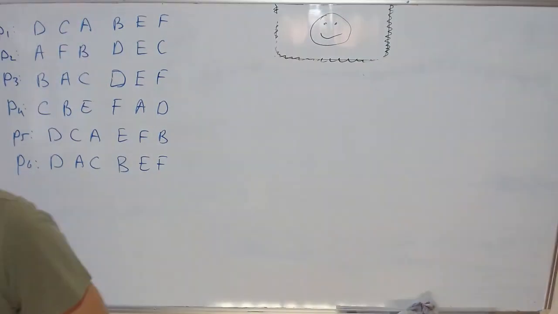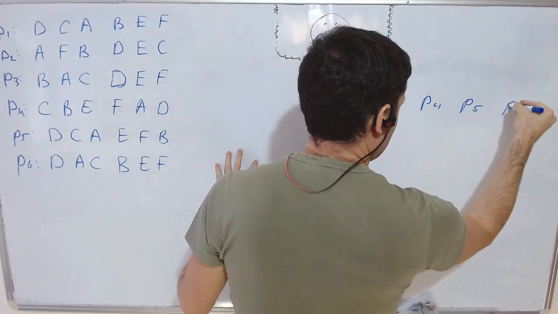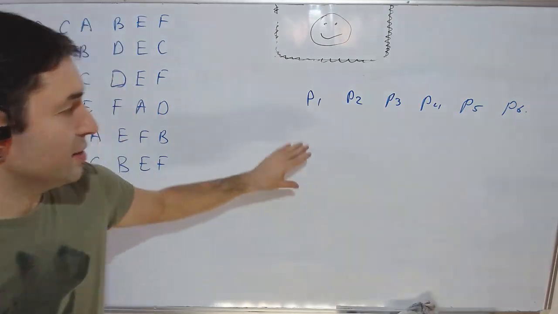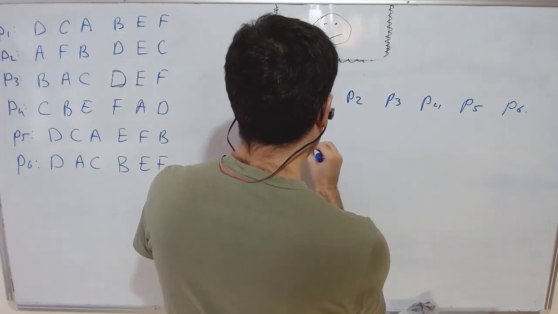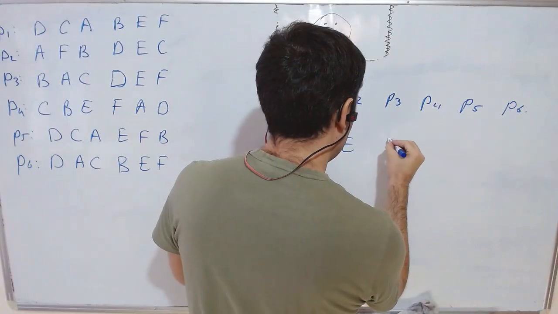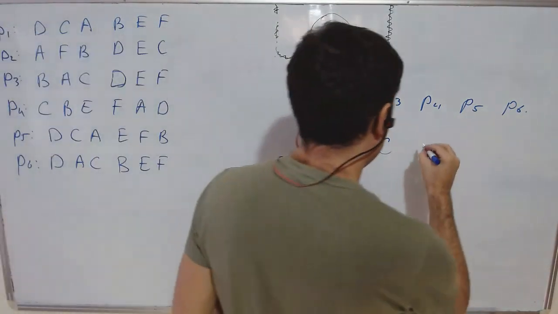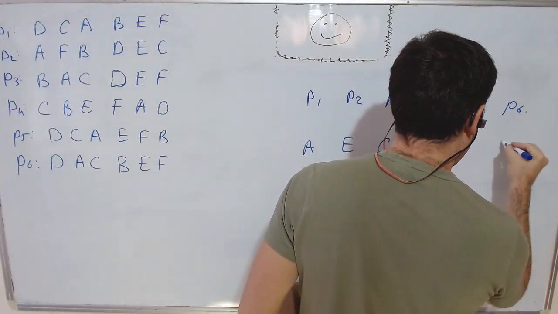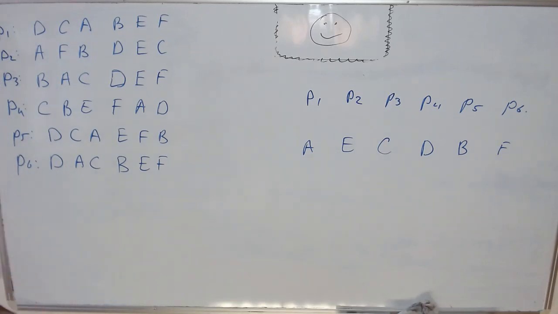The reason we usually run it is to solve housing markets. So we have initial ownership A, E, C, D, B, F.